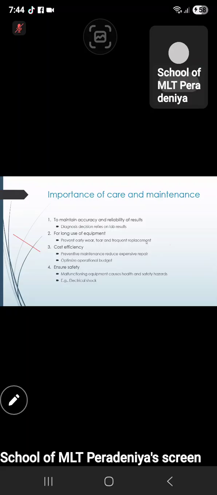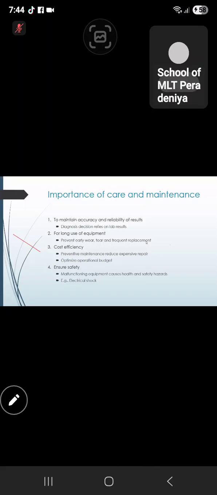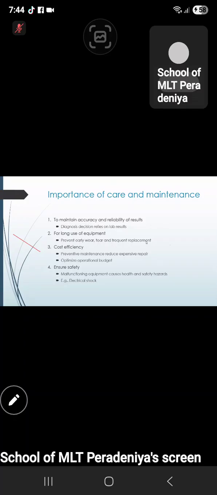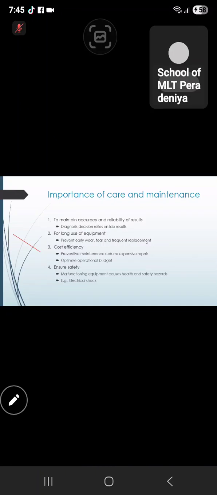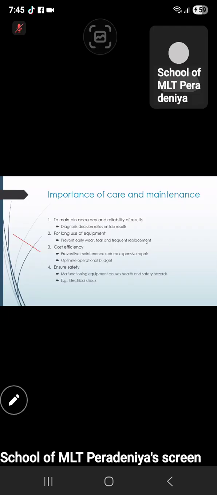So accuracy and reliability is one main reason why we need to maintain the equipments. The second one is equipment durability. If we do the maintenance of the equipment in a proper way, we can utilize that equipment for a longer period. The third important point is cost effectiveness.